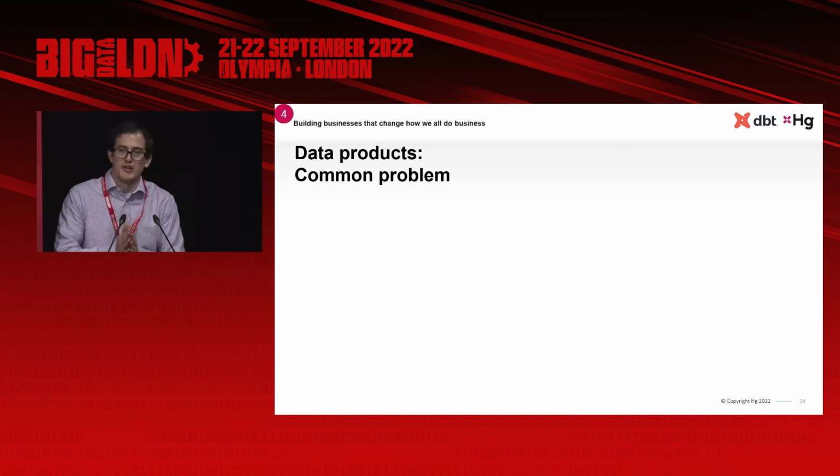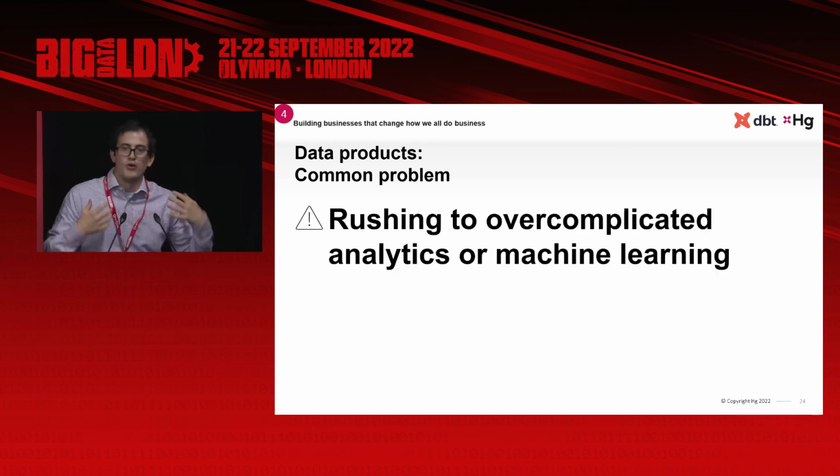For completeness, I also wanted to share what I see as another common problem with data products projects. And this is one I personally think I've been guilty of several times in my career, which is that we all want to use that latest and greatest machine learning and analytics. And don't get me wrong, we've got some HG portfolio companies doing really cutting edge stuff with machine learning, getting great value from it.